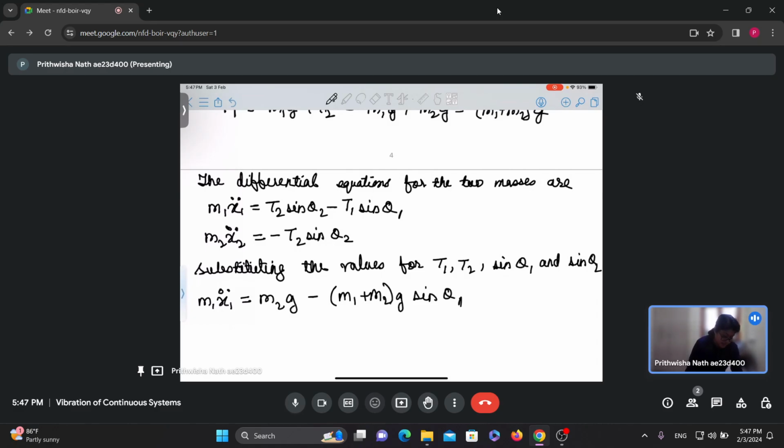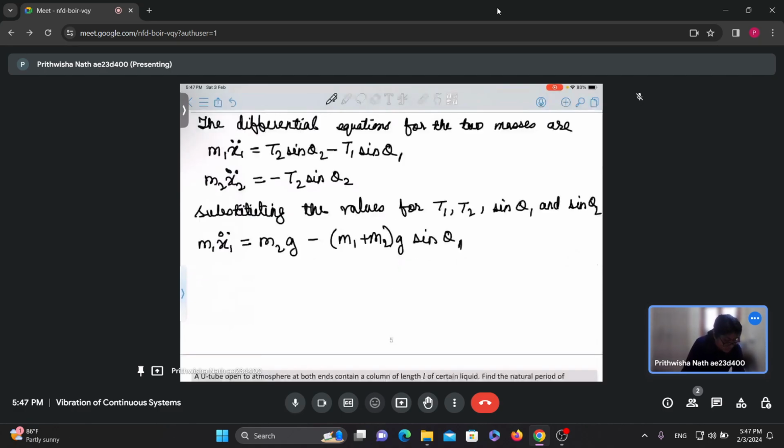Now in place of sin theta 1 we write this expression: sin theta 1 becomes theta 1, x1 by L1. Sin theta 2 also becomes x2 minus x1 by L2. Okay, I'm writing this again.